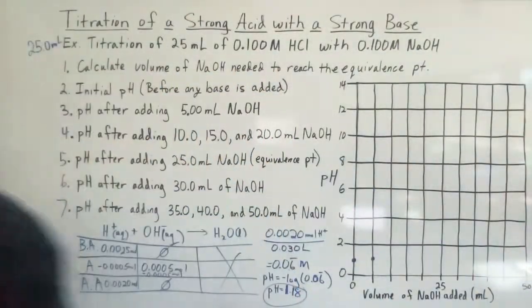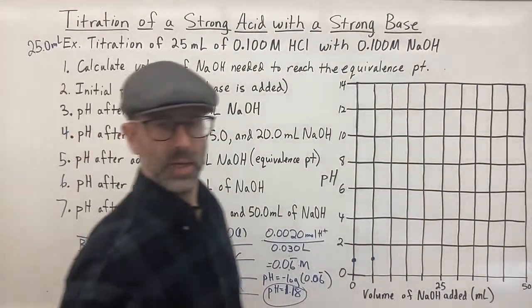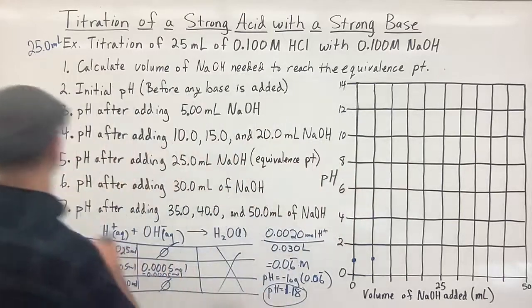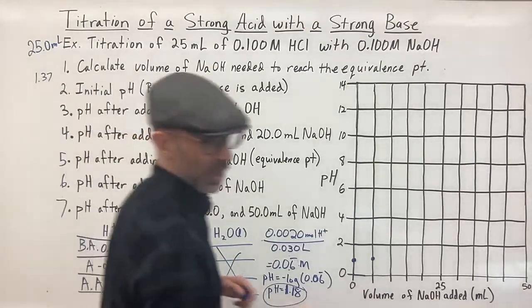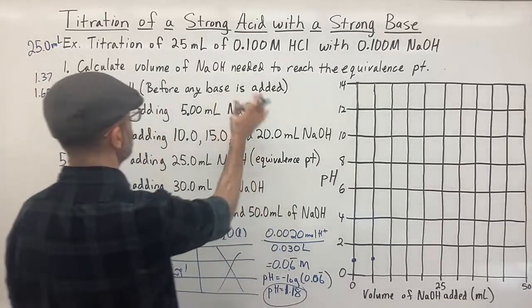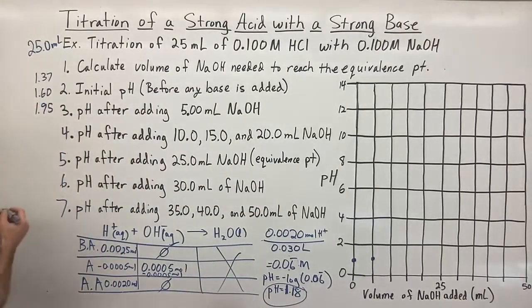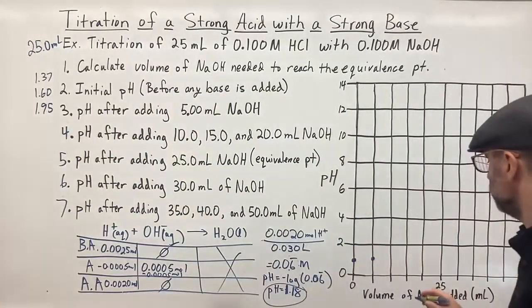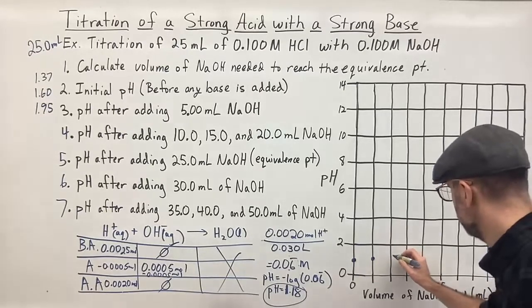So the pH is going to be 1.37 for the 10 milliliters, 1.60 for the 15, and 1.95 for the 20 milliliters after adding 20 milliliters of my NaOH. So here we are at 1.37.